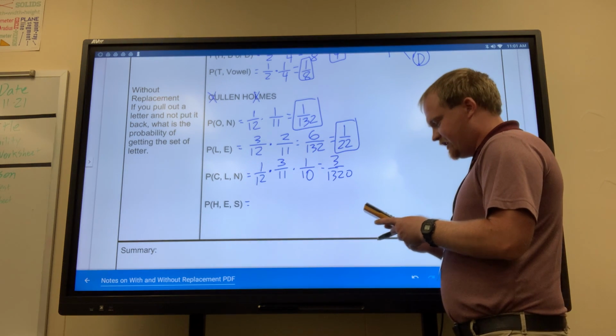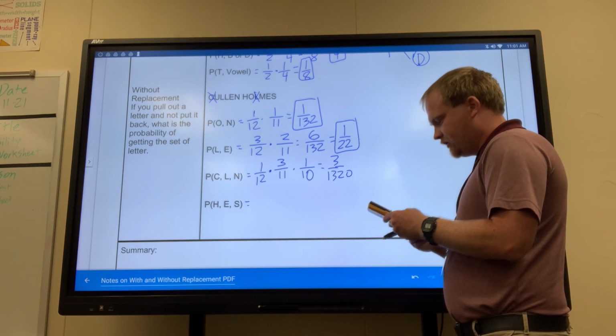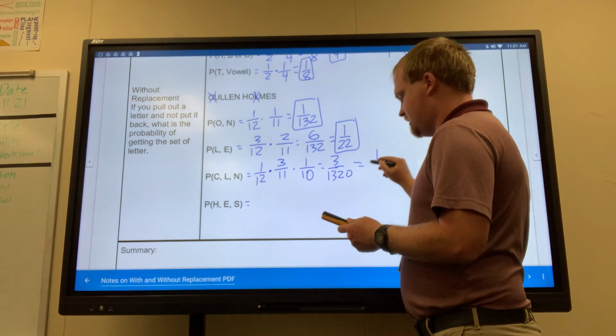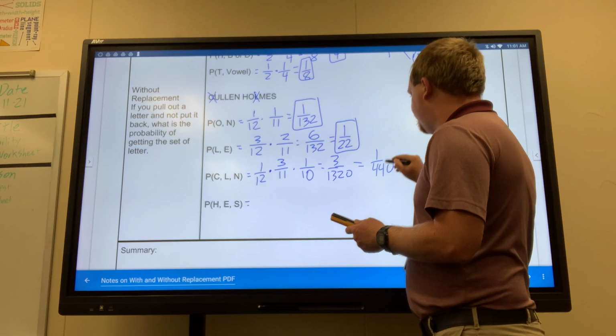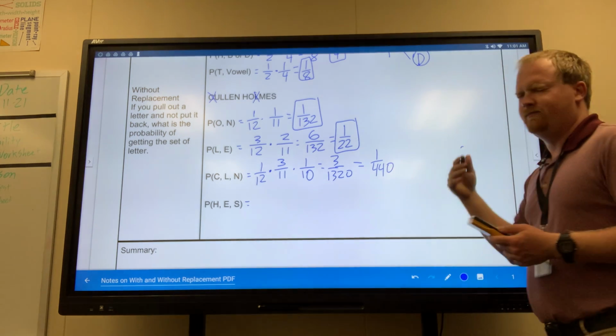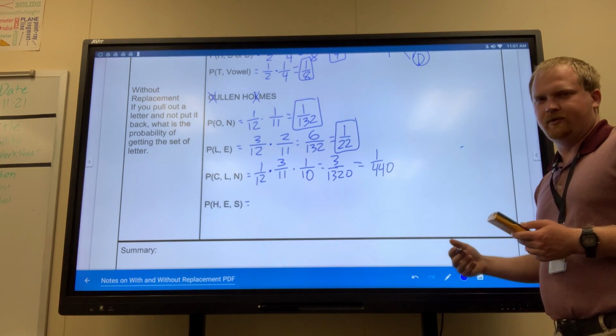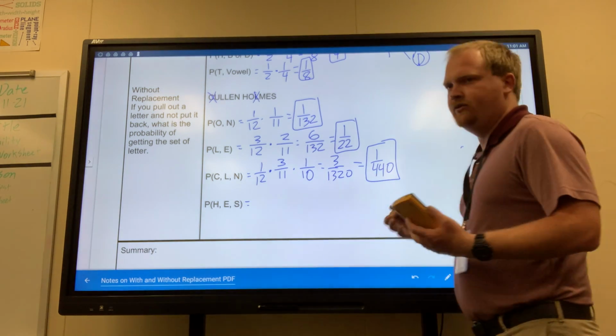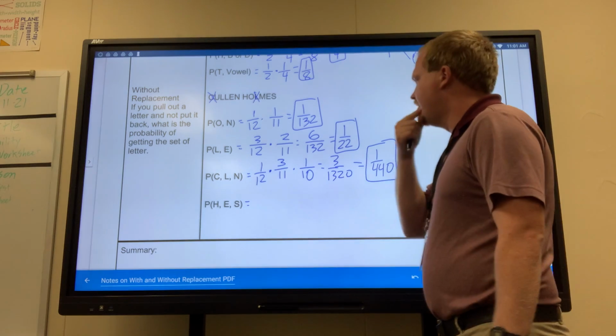But if I simplify that, I can divide both top and bottom by 3 to get 1 over 440. 1 out of 440. So pretty rare numbers, pretty rare.